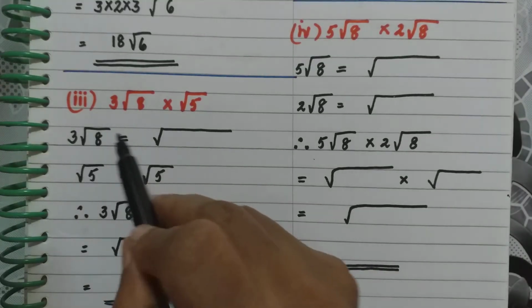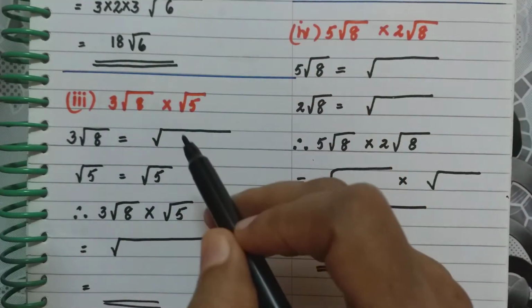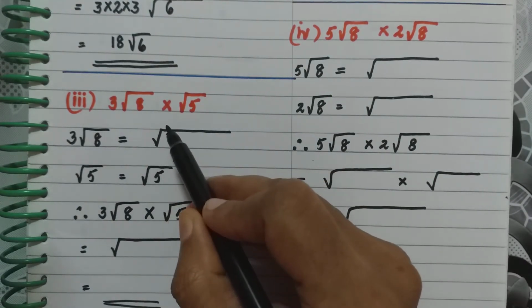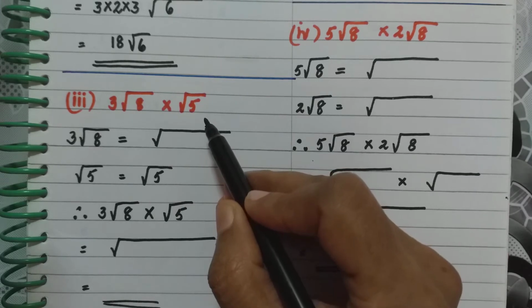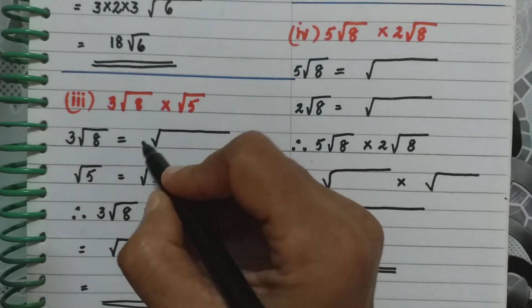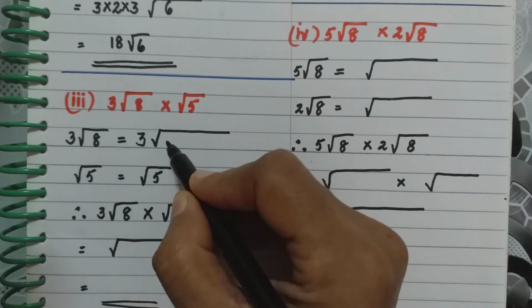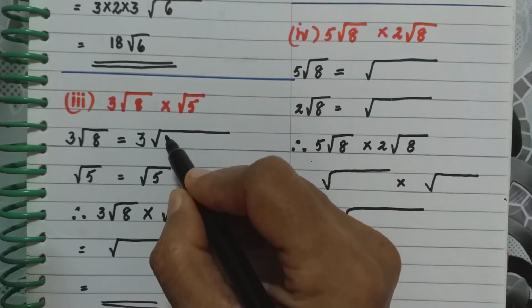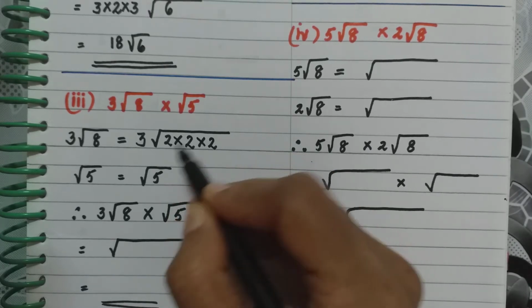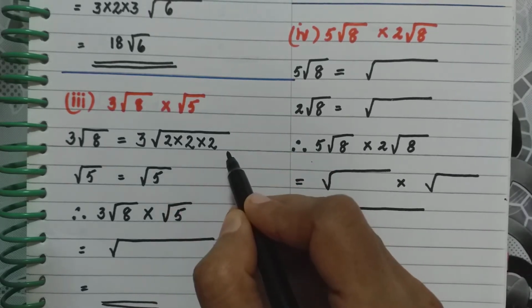Now first we'll go to the third question because it is similar to the first one. Here we have 3 square root 8 into square root 5. Same thing we have to do. 3, then inside the square root sign we have 2 into 2 into 2. 2 into 2 is 4, 4 into 2 is 8.